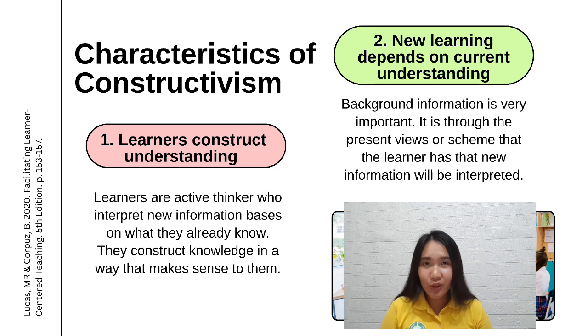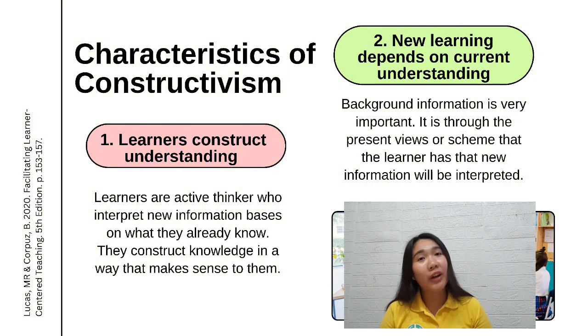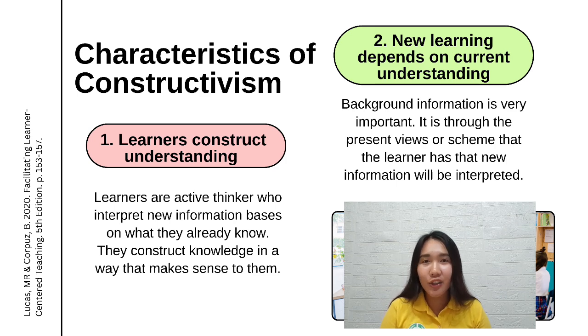So, when introduced to planets like Mars, they can build upon this prior knowledge. They might think Mars is like Earth, but it's red and colder. It is further away from the Sun and Earth. So, this connection helps them construct a meaningful understanding of Mars, going beyond just memorizing facts.